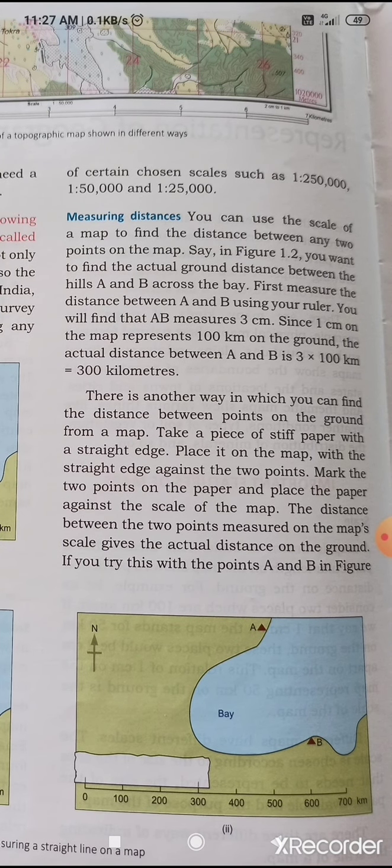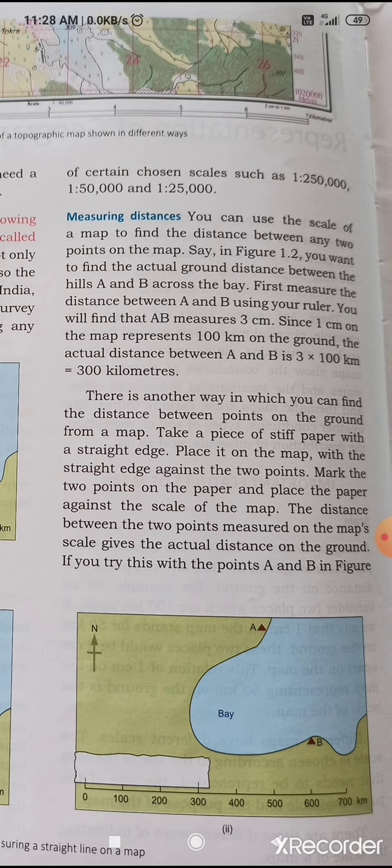First, keep the paper on A and B, and mark a dot on B where your paper ends. Then take that paper and place it again on the bar graph, or bar scale, which is shown downside. Again your answer will come 300 kilometer.